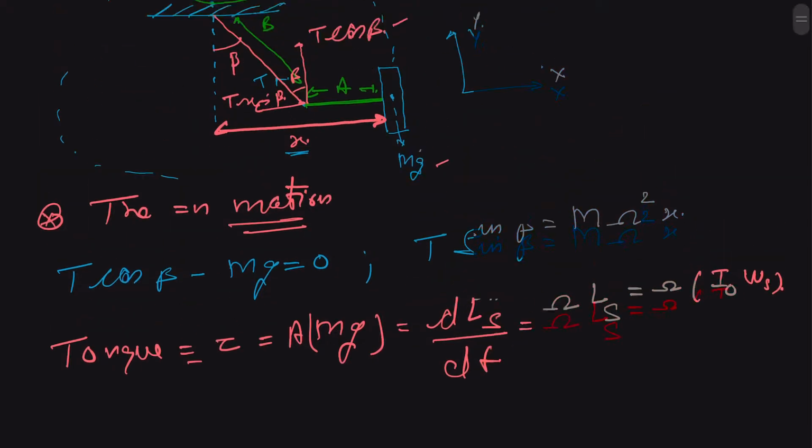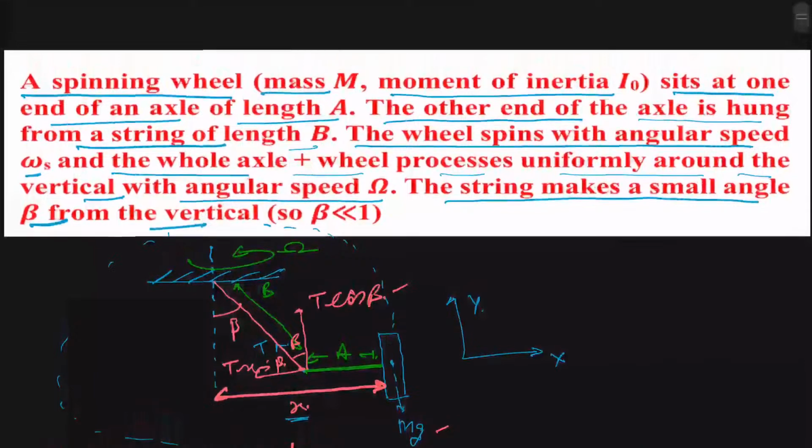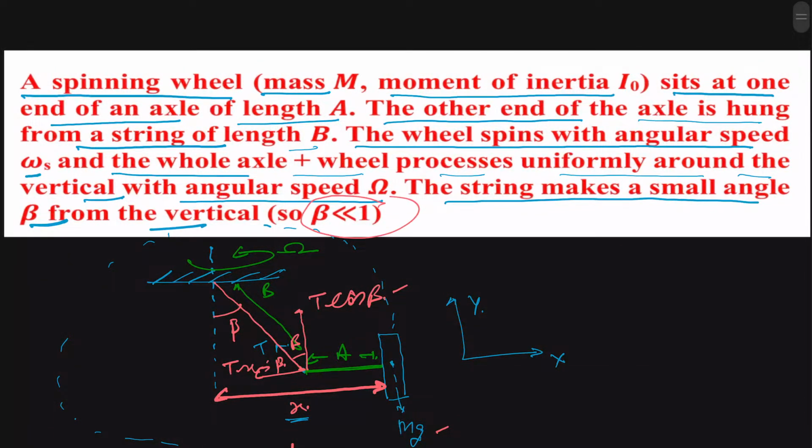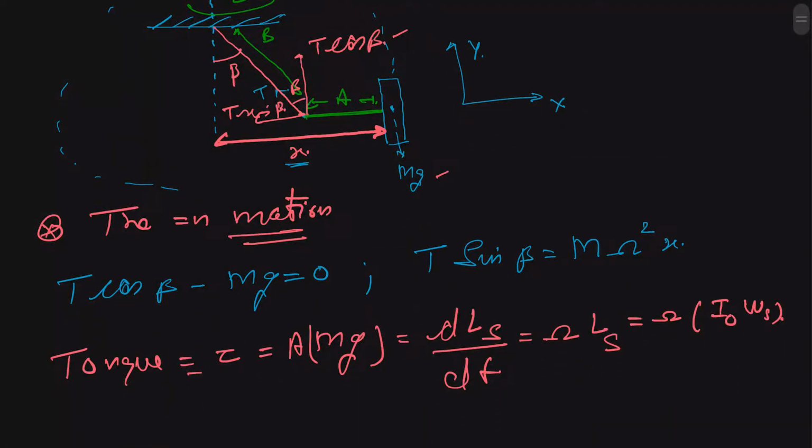And we are given that this beta is very, very small. Therefore, we can use the approximation that cos of beta will be equal to 1 and sine of beta will be equal to beta. Okay.